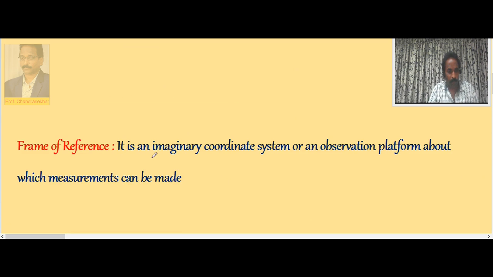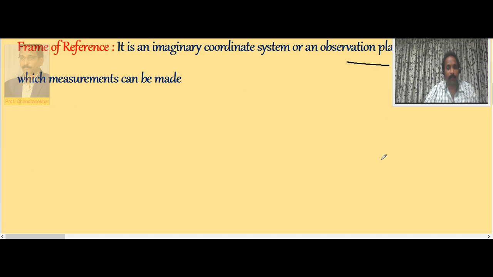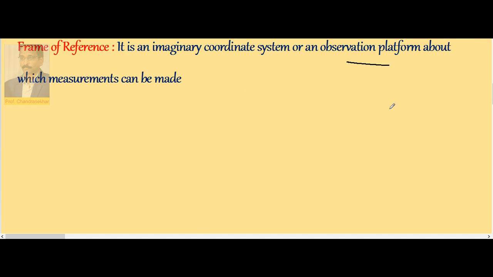A frame of reference is an imaginary coordinate system or an observation platform about which measurements can be made. For example, an object is placed here.